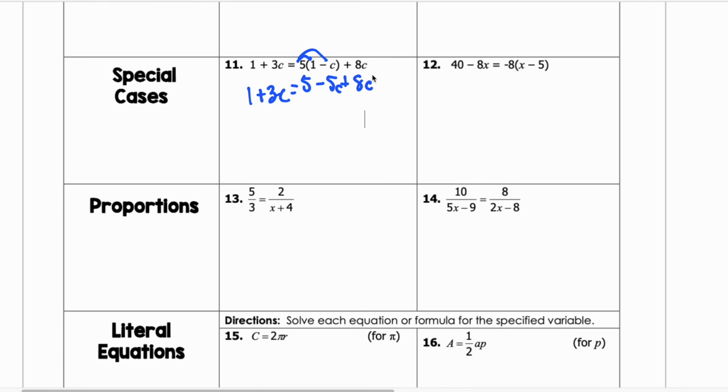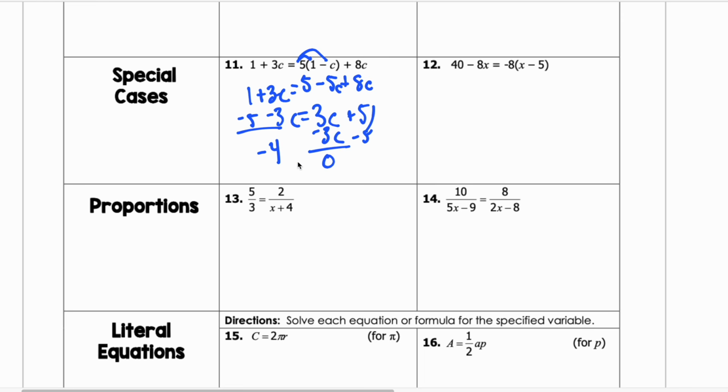So we have -5c and 8c, so that's actually going to be 3c and plus 5. And then I'm going to bring my 5 to this side and my 3c to this side. So if I subtract 5, I will have -4.